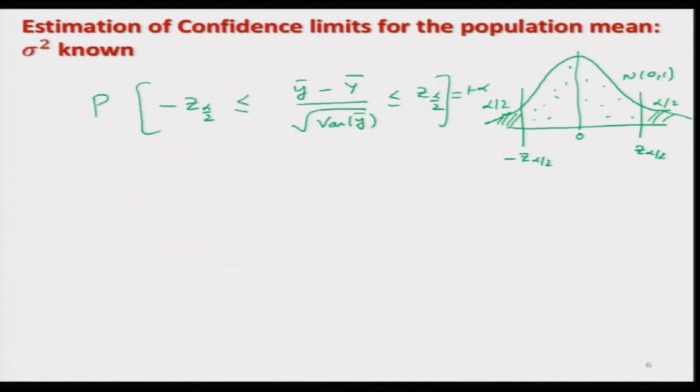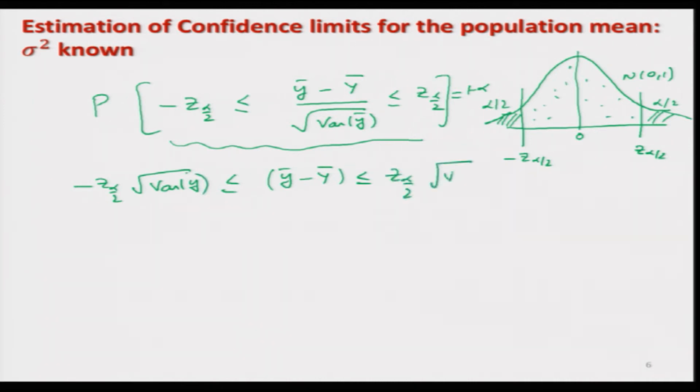So, now what I have to do? I simply have to simplify this quantity in the bracket. For example, I can write down here y bar minus capital Y bar will be lying between minus z alpha by 2 square root of variance of y bar and plus z alpha by 2 square root of variance of y bar.